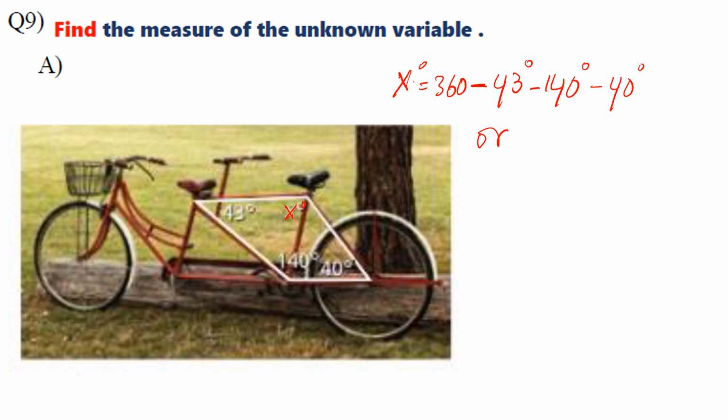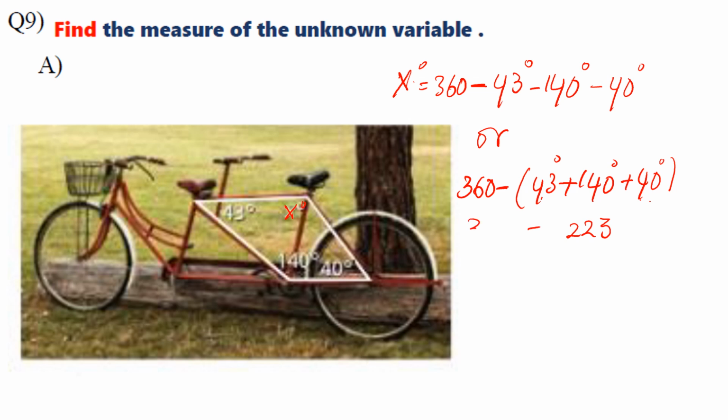Or as I told you, we can write it as 360 minus the quantity 43 plus 140 plus 40 degrees. You can use any way to solve it. So 140 plus 40 is 180, and 180 plus 43 is 223.